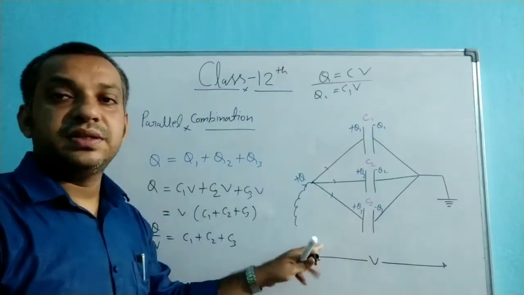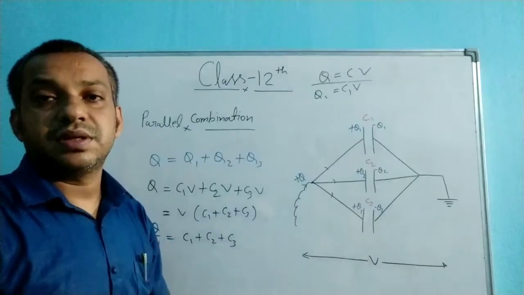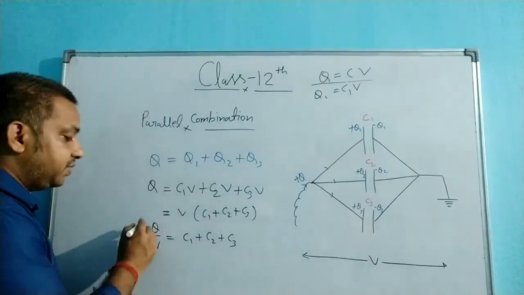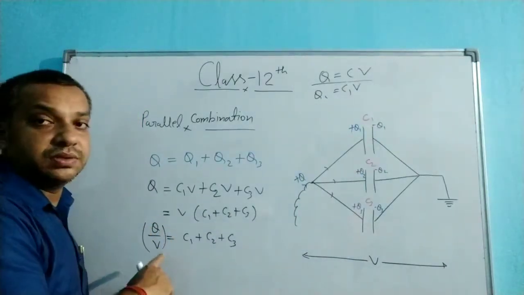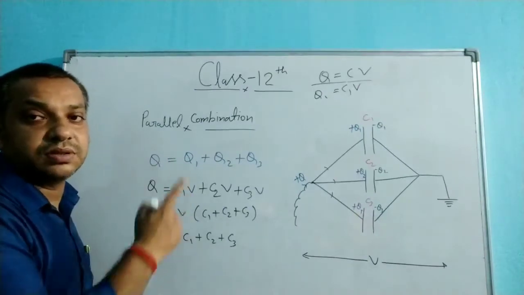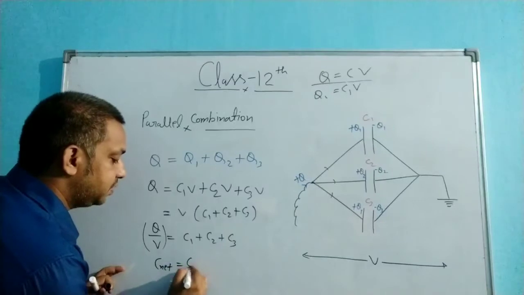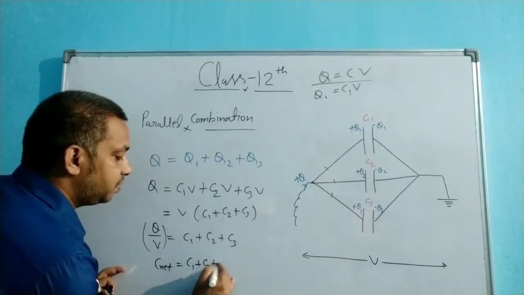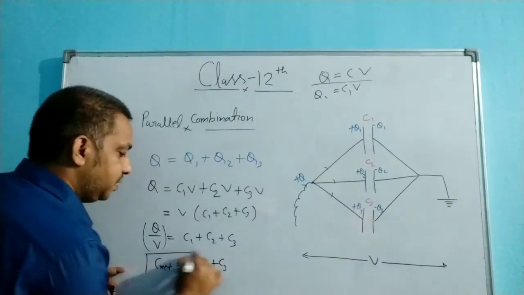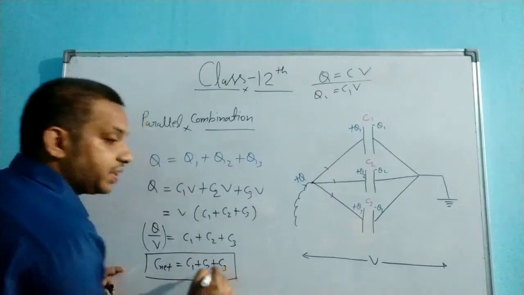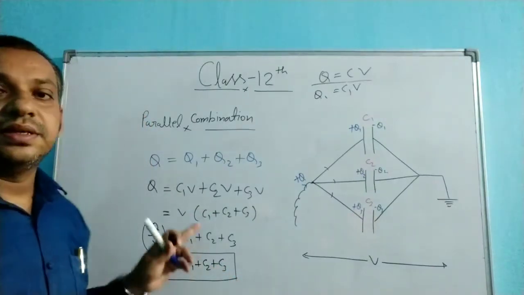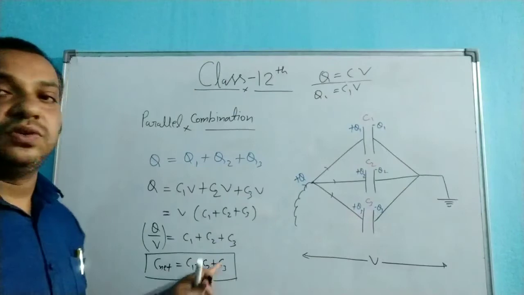So again you will get the total capacitance of the circuit. In place of the total charge upon total voltage, you are writing the total or net capacitance. C net is equal to C1 plus C2 plus C3. So in the parallel combination, the net capacitance is equal to C1 plus C2 plus C3.